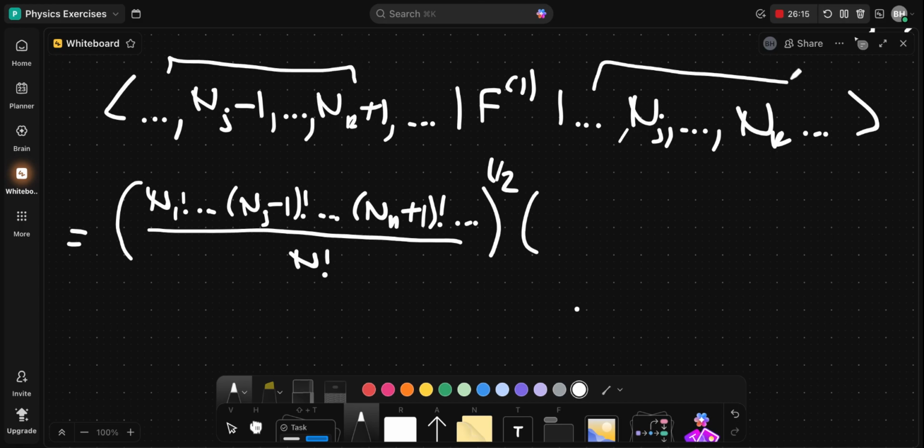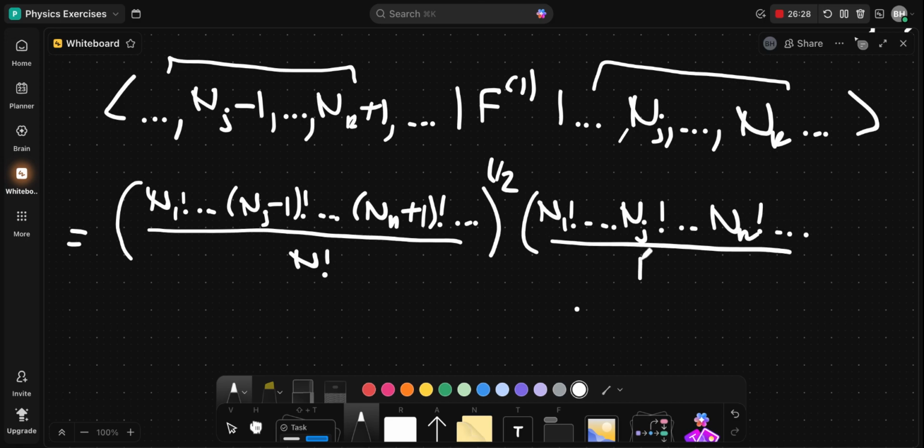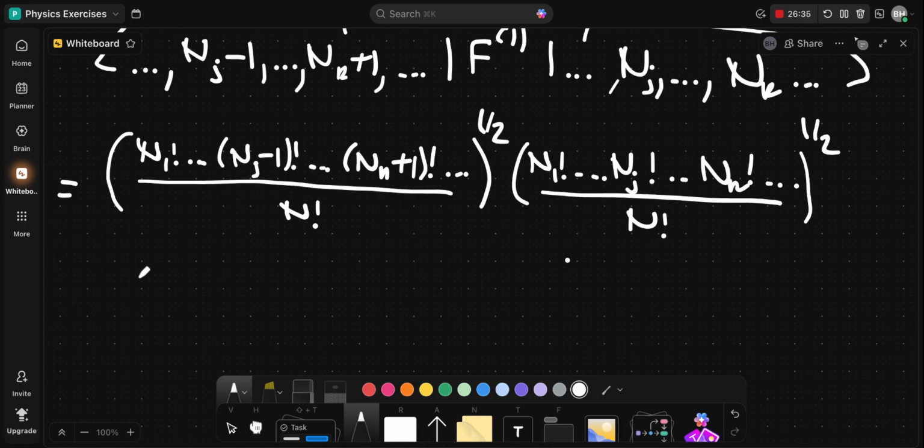And I need the other part of the wave function, where you will still have n1 factorial because those are the same, but you will have n_j factorial and n_k factorial divided by N factorial. This also has a square root because those are normalization constants. And then we'll have an N particle integral, of course. We cannot live without those things.